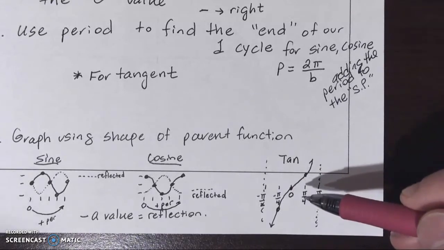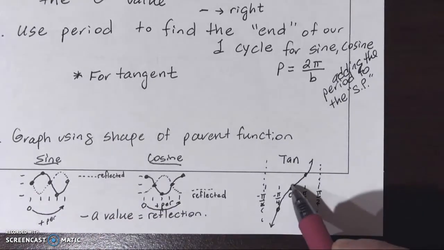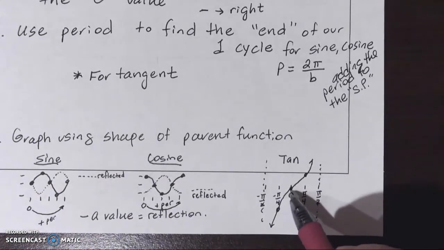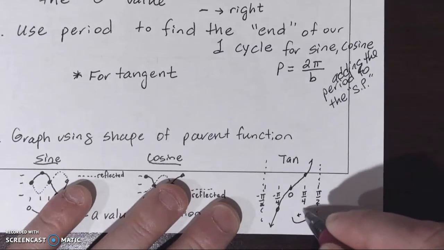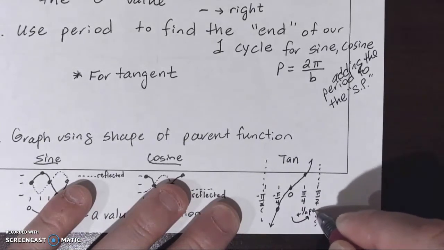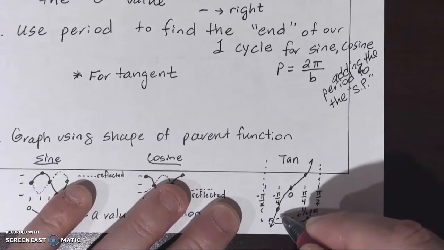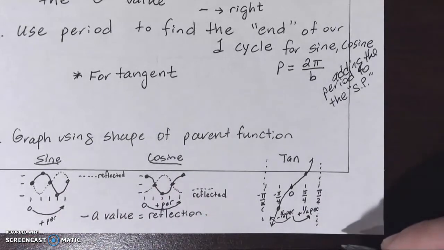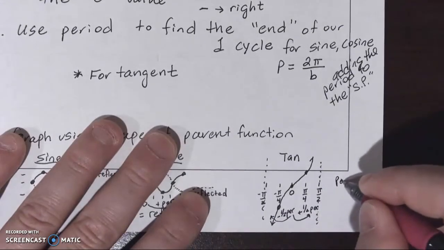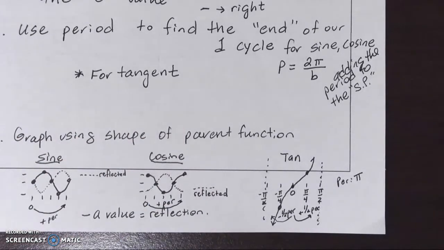For tangent, what we want to think of is tangent has a period of pi. If we're thinking of, quote-unquote, beginning with our 0, okay, then really what we're doing is, aren't we adding half the period to get to pi over 2, and then subtracting half the period to get to negative pi over 2. Okay? The period of the tangent graph, the general parent tangent graph, is pi.